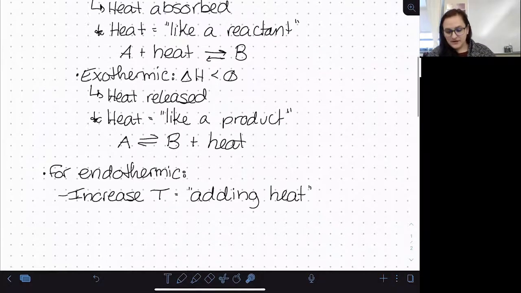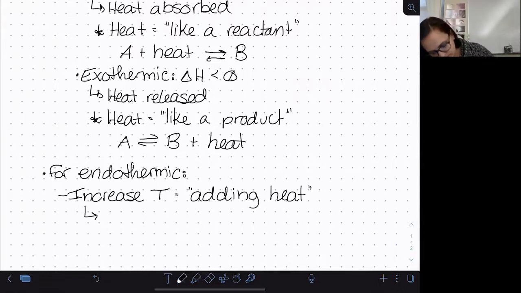So if we're adding something that is like a reactant, our system is going to want to shift away from the reactant side to try to undo what we did.